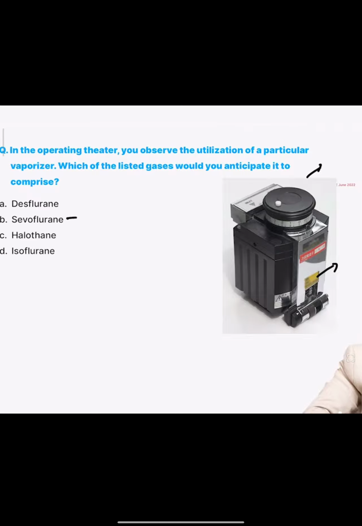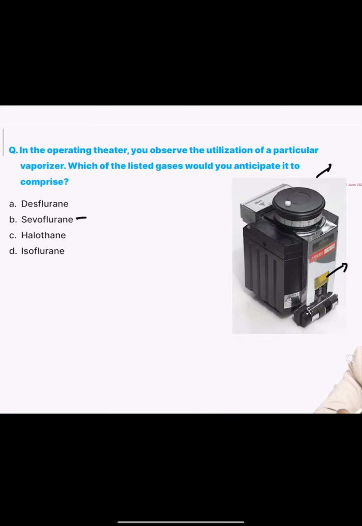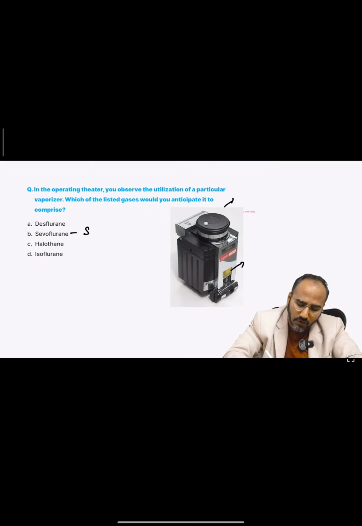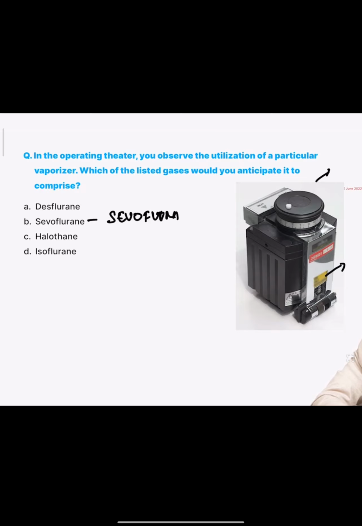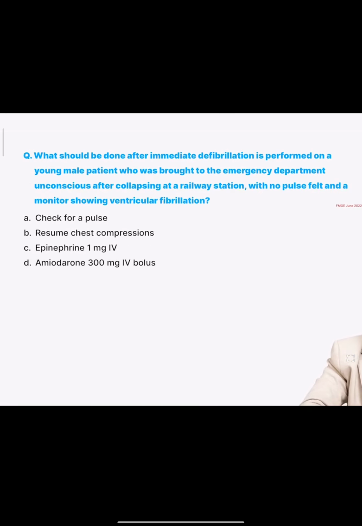Yellow is sweet, or yellow, sevo. Sevoflurane is sweet, commonly given in pediatric cases, and it comes with a yellow color vaporizer. Desflurane, des is desi, so blue color vaporizer. Halothane, it is red color vaporizer. Isoflurane, it is purple color vaporizer. So over here, guys, what's the answer? Sevoflurane.